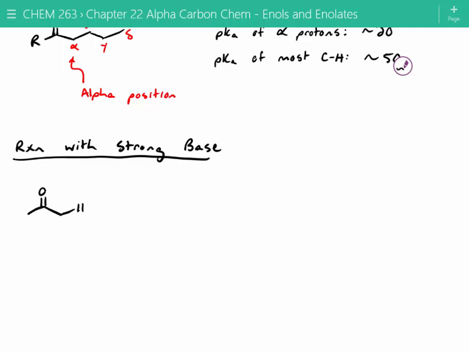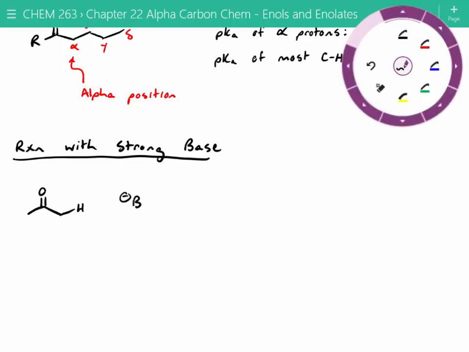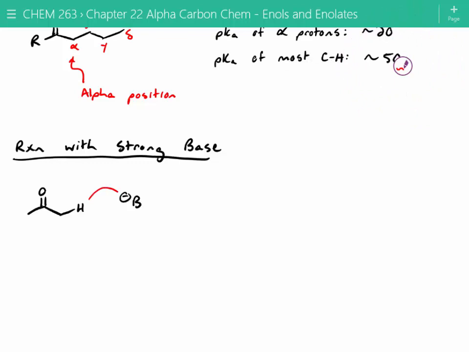And I'm going to draw in one of these alpha protons, and I'm going to have it react with the strong base. This base can come grab the alpha proton and dump electrons down onto that carbon. Because this is an acid-base reaction, I'll draw equilibrium arrows, and I'll even draw in these other hydrogens.